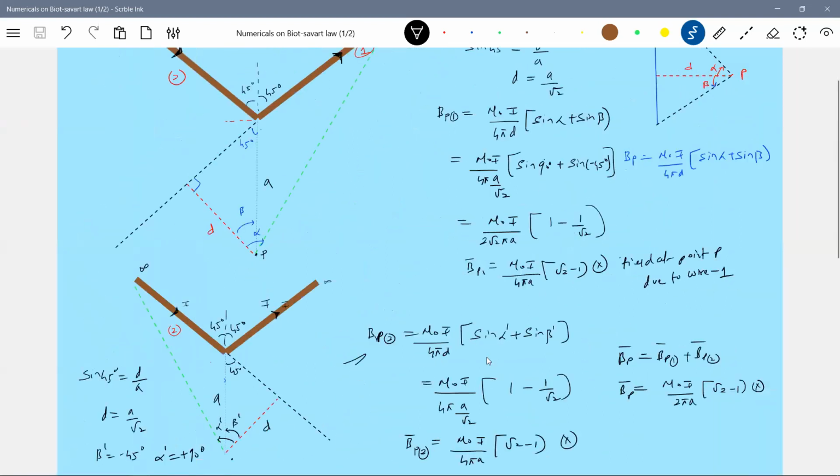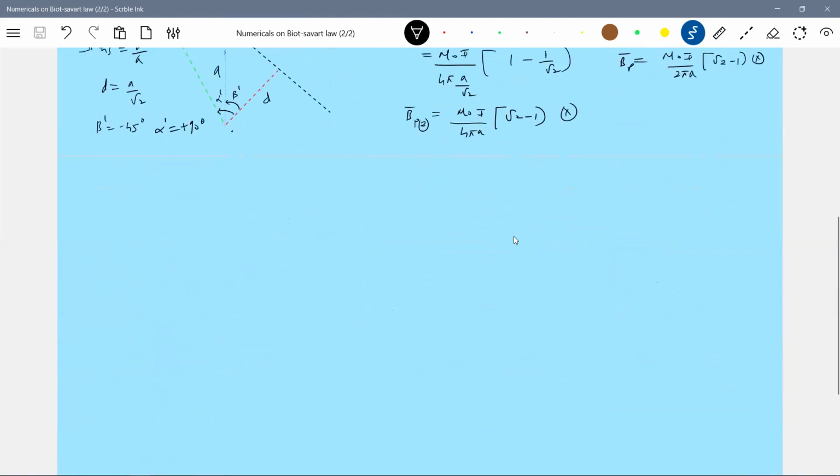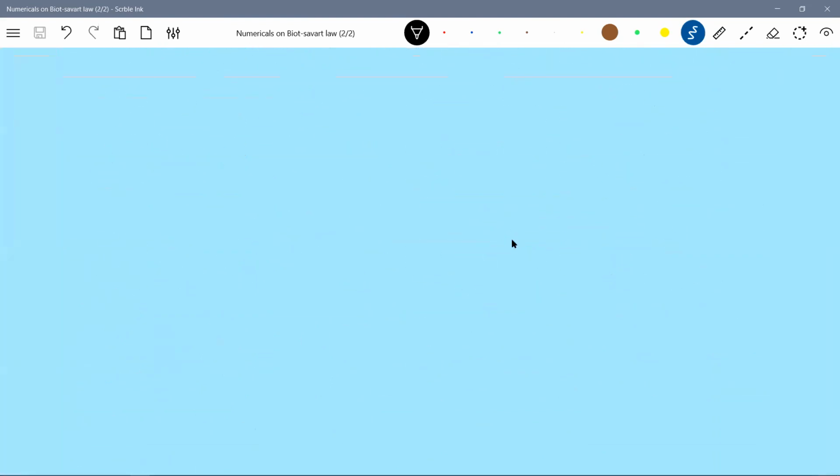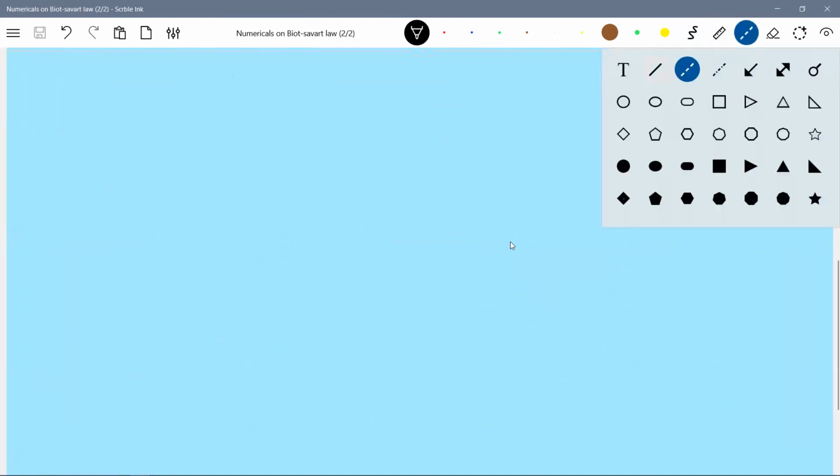I'll take the next one. Carefully, we'll try to draw a better diagram.